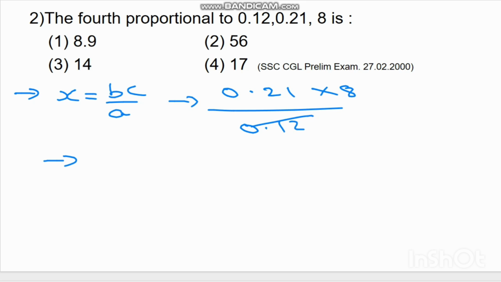So it will be cancelled: 4 times in the 3 table and 7 times in the 2 into 2 table. Here 4 will be cancelled as 4 ones are 4, 4 twos are 8. So 7 into 2 is nothing but 14.